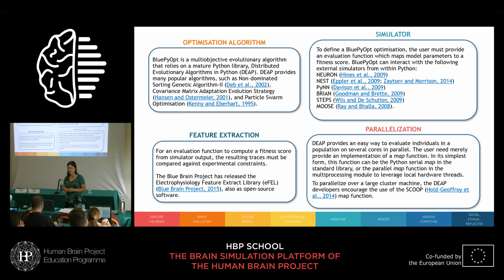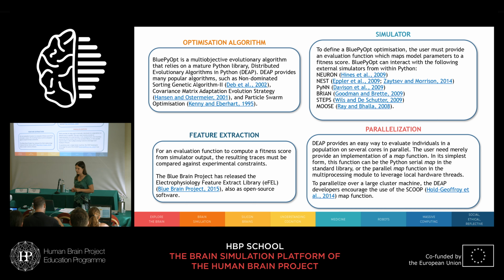You have seen yesterday that for an evaluation function to compute a fitness score from the simulator output, the resulting traces must be compared against experimental traces. The Blue Brain Project has released the eFEL library, the electrophysiological feature extraction library, which is also open source software. For the parallelization, DEAP provides an easy way to evaluate individuals in a population on several cores in parallel.